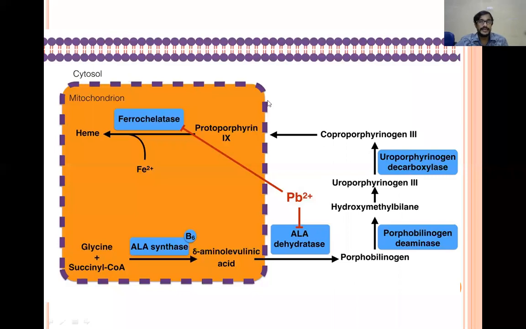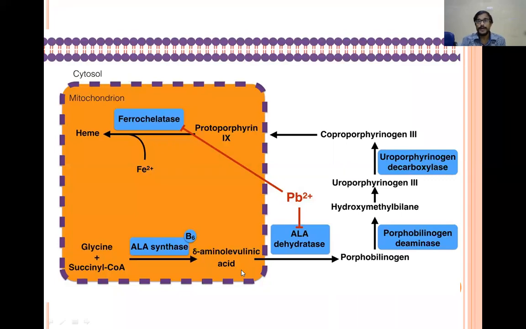If you see in detail here, the first step, the conversion of the substrates glycine and succinyl-CoA to aminolevulinic acid, occurs in the mitochondria, and all the remaining steps occur in the cytoplasm. And again, the final step, conversion of protoporphyrin to heme, occurs in the mitochondria.